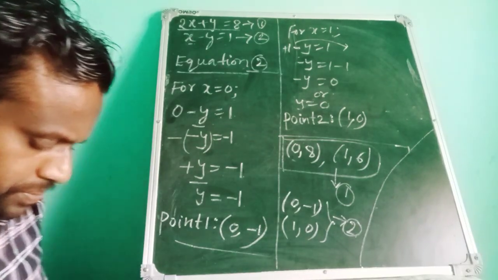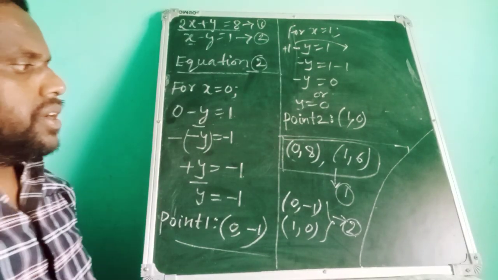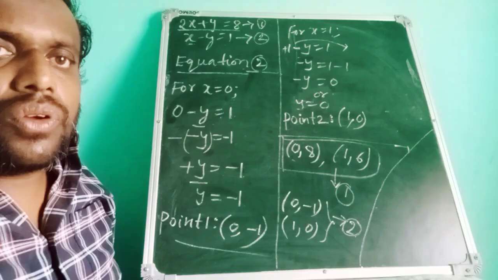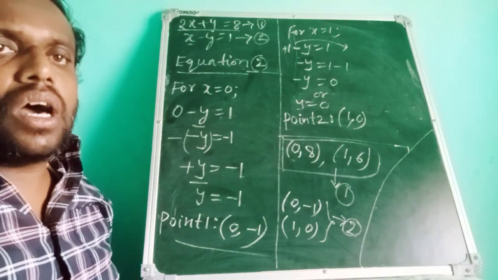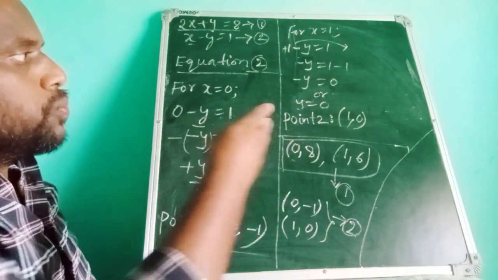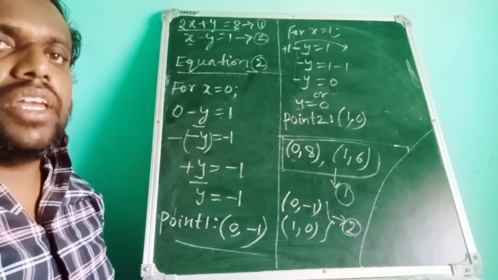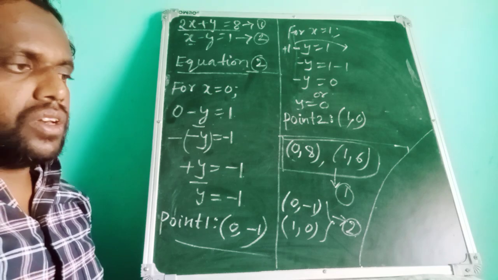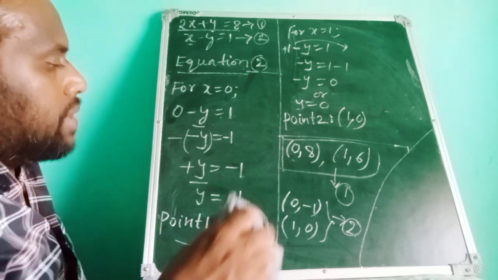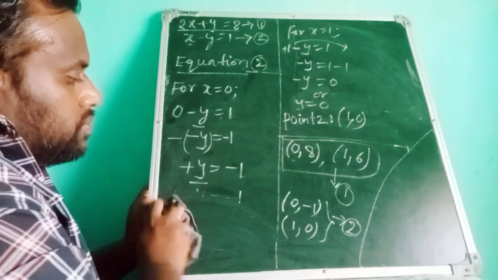Next step is what? We have to draw the lines using these 2 points. Then we can find the solution. So first I will erase everything.